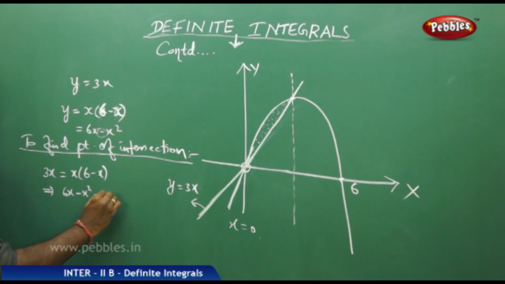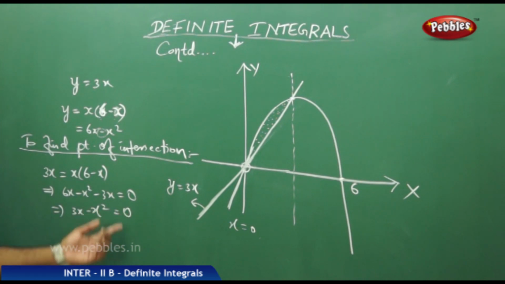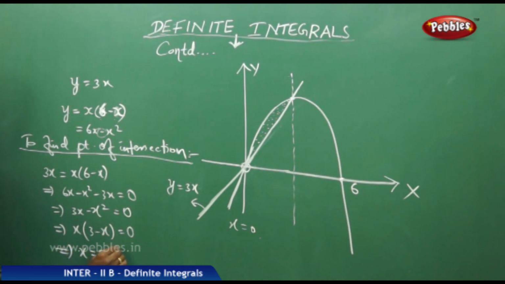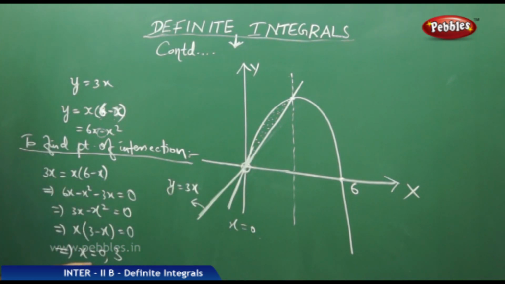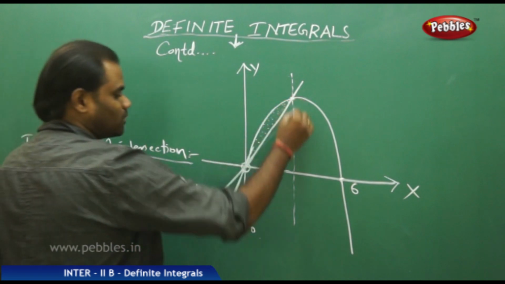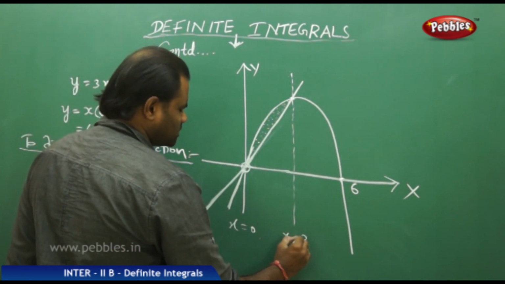6x minus x squared minus 3x equal to 0, and 3x minus x squared equal to 0. So one of the x coordinates is x equal to 0, and the other x coordinate of this point of intersection is x equal to 3.